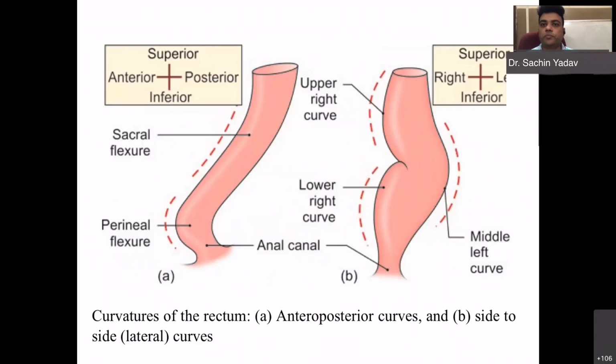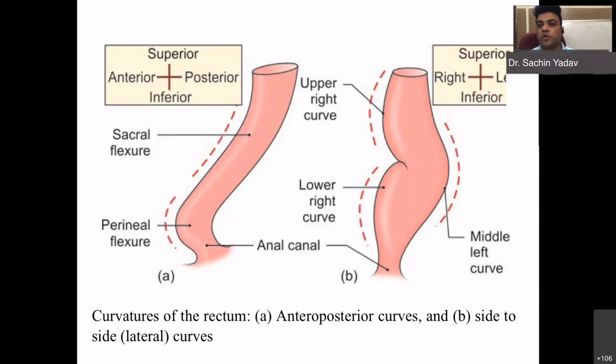Okay. So again, here you can see the body curves, anteroposterior and lateral. Here on the right, this diagram is taken from the anterior or from the posterior, so you can see the lateral curves, side to side. In the upper part, it is the upper right curve. In the middle, it is the middle left curve, and in the lower part, again a right curve is there.